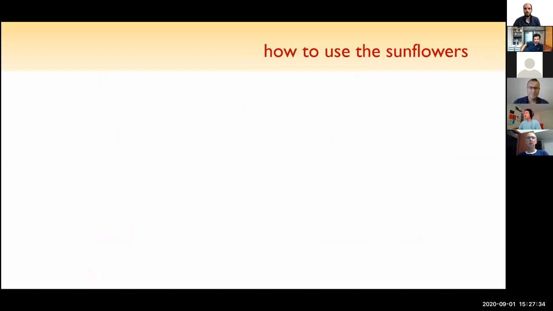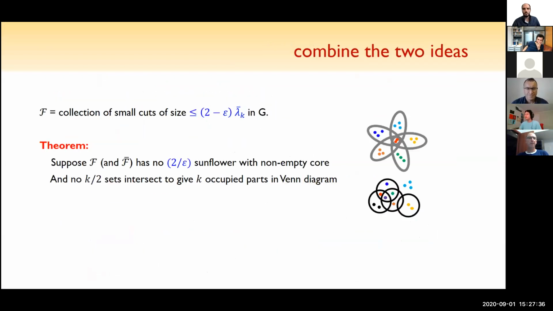So with these two ideas, we will apply these two observations on the set of small cuts, and it turns out these two observations suffice in any set system on n elements.